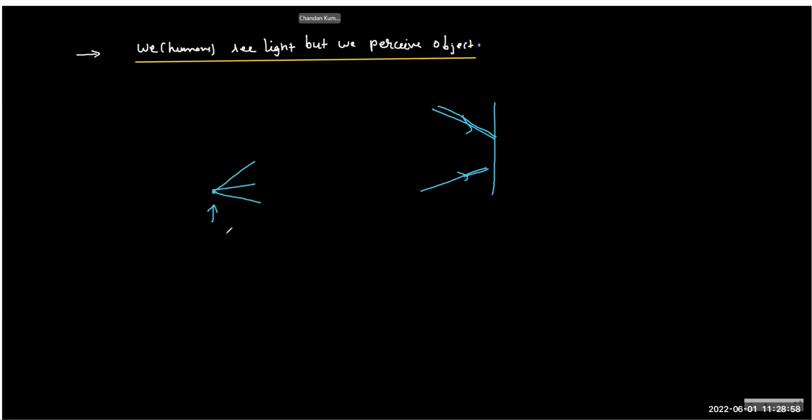If something is converging, it means it has come from the physical source and has already suffered some sort of reflection or refraction. Do you realize what I'm saying? Yes, understood. So if the incident light is converging, it means it has not come from a physical source. That's simple.